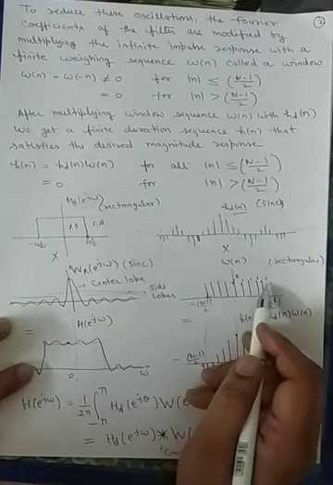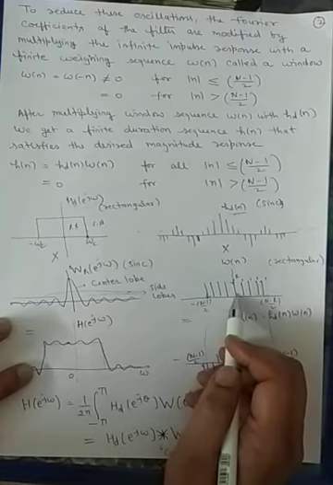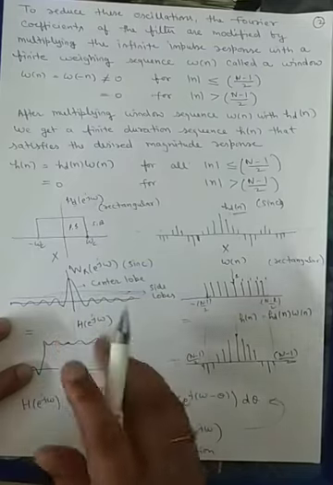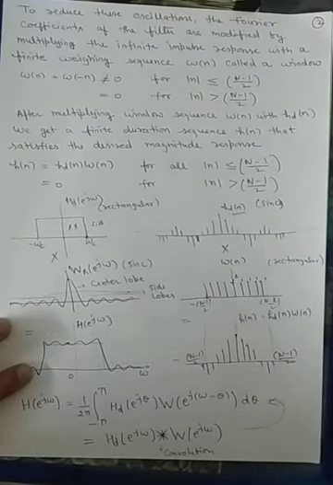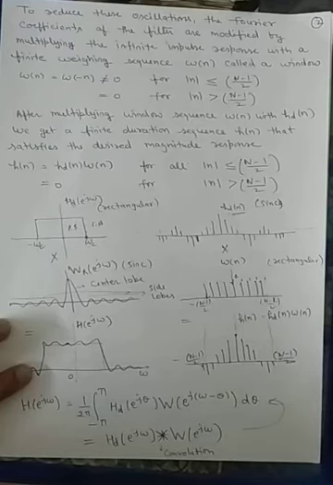So this is basically a rectangular shape, and this rectangular shape will have a Fourier transform, a sinc function, because a rectangular shape has a Fourier transform that is a sinc function, or vice versa. Means if we take a sinc function and take its Fourier transform, it will be a rectangular function, or if we take a rectangular function and then take its Fourier transform, it will be a sinc function.